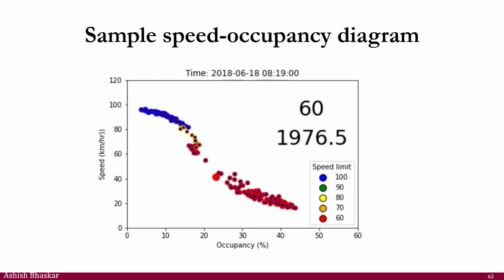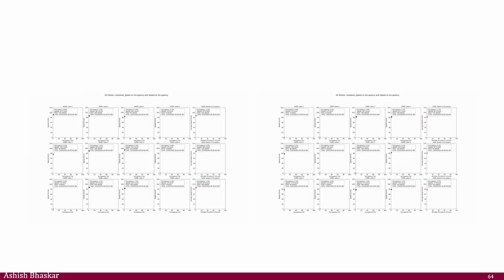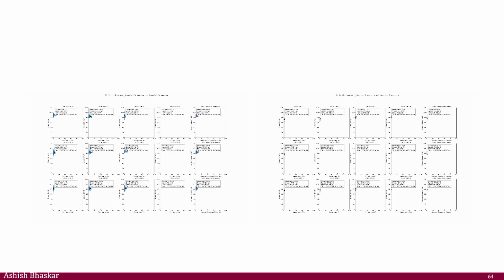You can see, in fact, this one was when the speed limit is changing. The VSL is actually active in this case, and all these colors represent different speeds. We have also seen the flow occupancy one in the previous case, and here I can show the speed versus occupancy. Somehow the video is not presenting that well, so I will skip that.